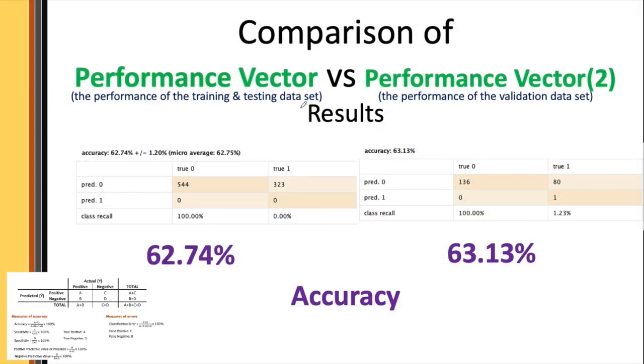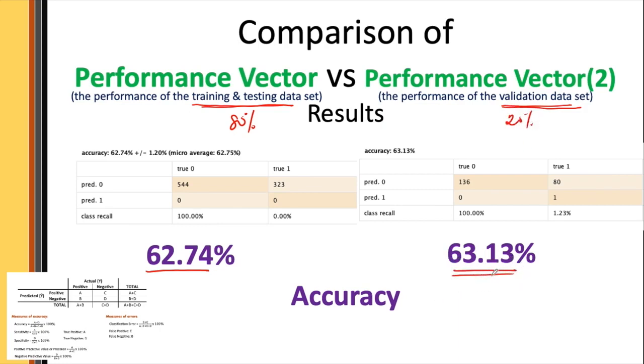Now let's compare the result of the performance of the training and testing dataset under performance vector and the performance of the validation dataset, which is under the performance vector 2. This shows that our data using the decision tree model is 62.74% using the training and testing dataset, again which is 80% of our data, while the performance of the validation dataset, which is 20% of the data, is 63.13%.